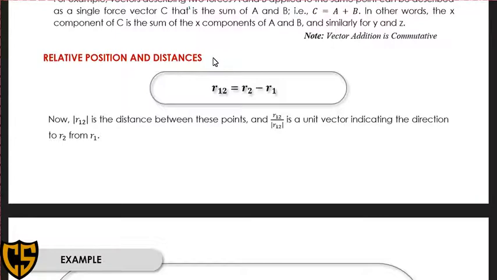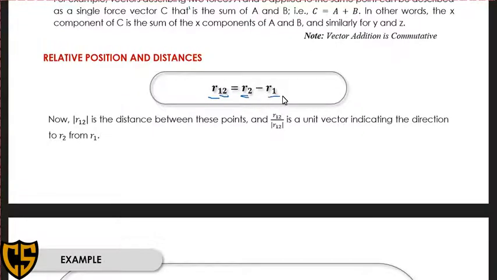For example, distance from 1 pa kadto sa 2. So that is R2 minus R1. So take note nga kung ano na diho sa imong subscript R1, 2, kung ano ang pinaka-last nga number, amo na di dapat ang unang vector. So R1, 2, so since last ang 2, dapat R2 ang una minus R1.